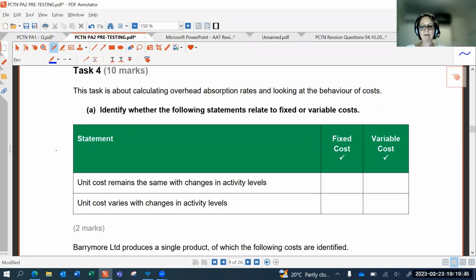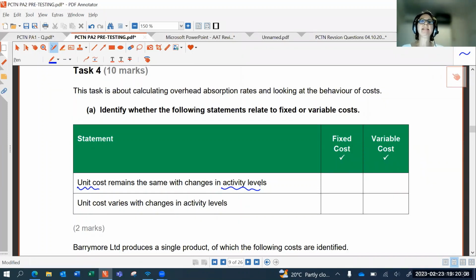It says this task is about calculating overhead absorption rates and looking at the behaviour of costs. And we've got to identify whether the following statement relates to fixed or variable costs. So it says a unit cost that remains the same with changes in activity levels. A unit cost means the cost of one unit.